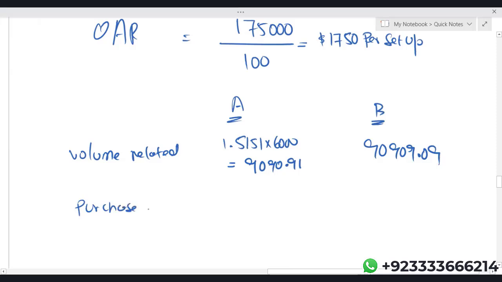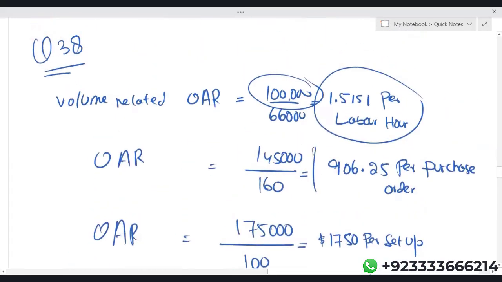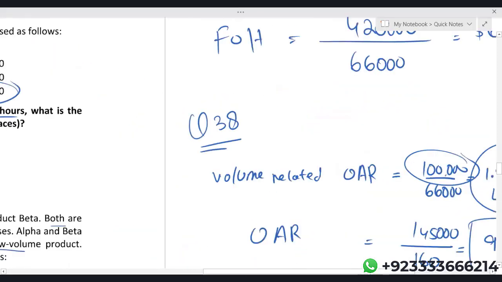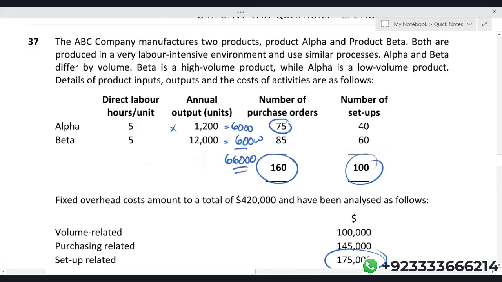Purchase related. Per purchase order, this is the cost. I just need to know how many purchase orders, in total, belong to alpha. That is 75. So 75 multiplied by the per purchase order cost will give me the total purchasing cost which relates to alpha.